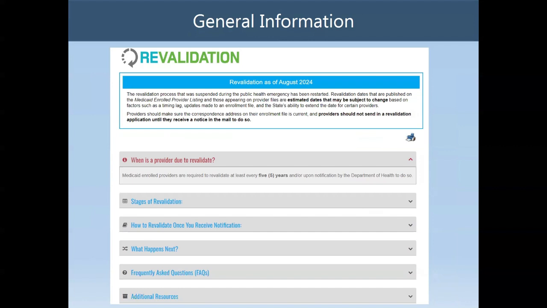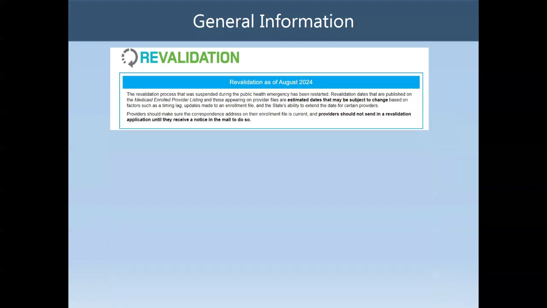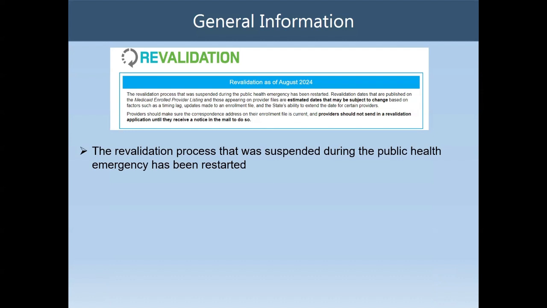And we'll go through all of the different little drop-down windows that you see here, starting at the top where there was an update to revalidation and the process back in August of this year. And basically, if you read through that little box there on revalidation, the general overview, it's letting providers know that the revalidation process was suspended during the COVID-19 public health emergency, and that has since been restarted.